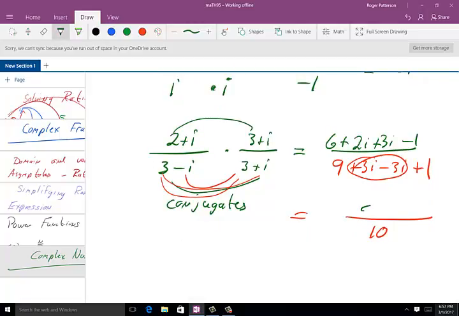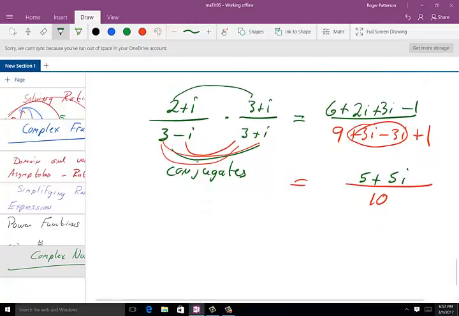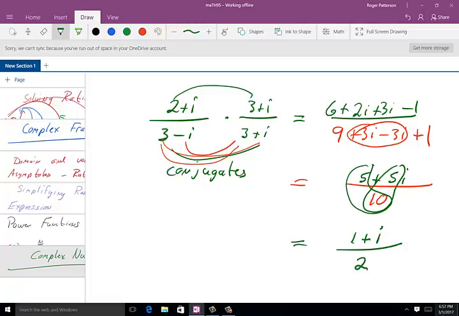Close to 5 plus 5i. That all could be reduced, because 5 goes into those things. So 5 goes into 5 once. 5 goes into 10 twice. There's our answer.